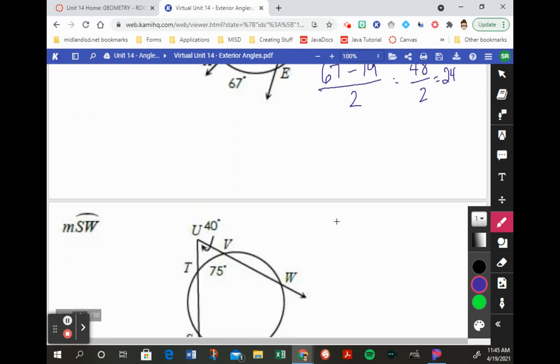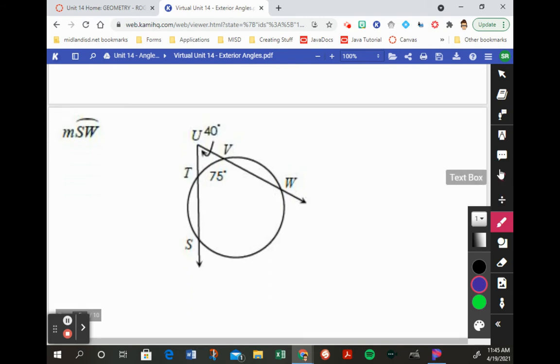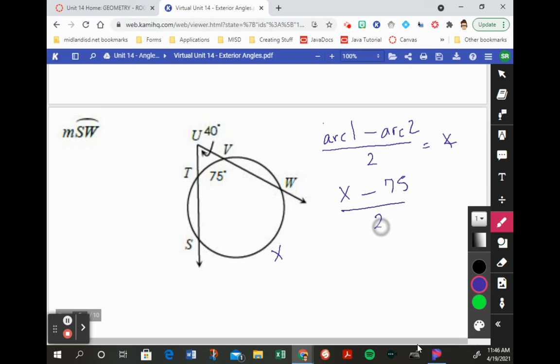Okay. What about this one? I've got an arc and an angle, but I need this arc out here. So we've got arc 1 minus arc 2 divided by 2 equal to our angle. We have arc 1, which is x, minus arc 2, which is 75, divided by 2 equal to 40 degrees.